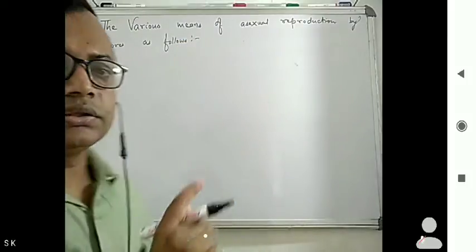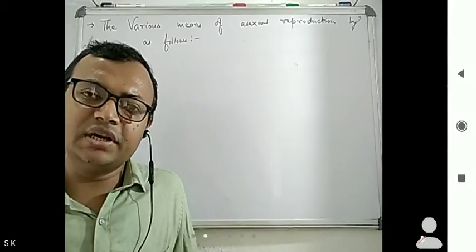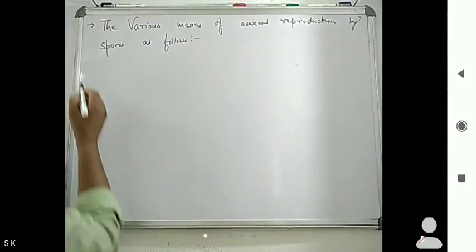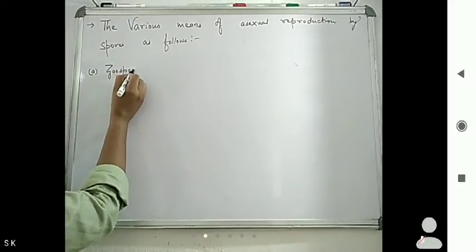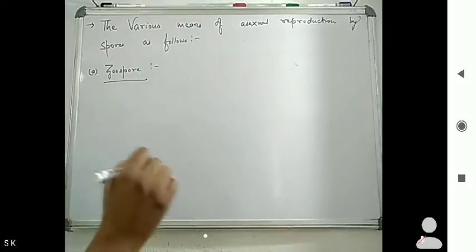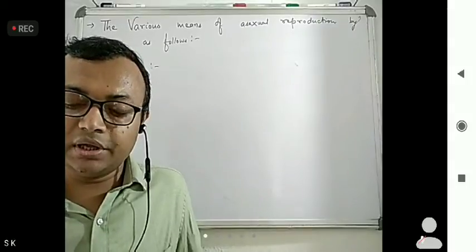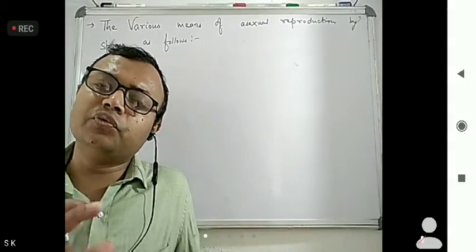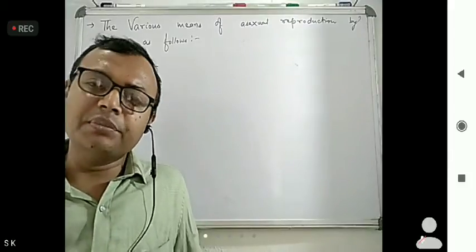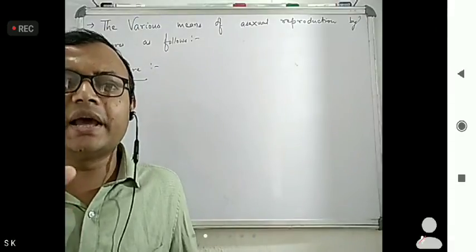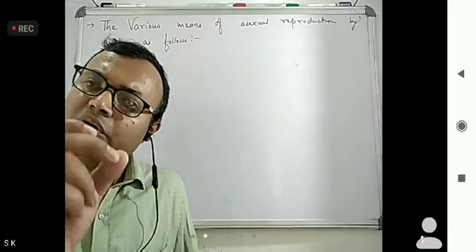The first one is the zoospore. Now what do you mean by zoo? As the term suggests, zoo means having movement. So zoospore means motile spore, and mostly this is produced by fungi that are aquatic, water-containing.